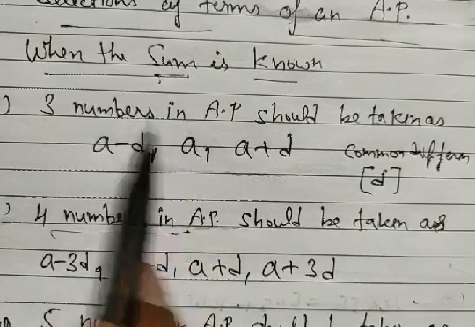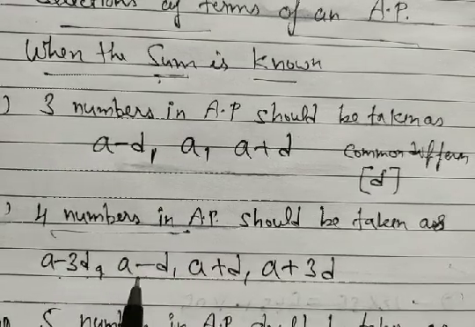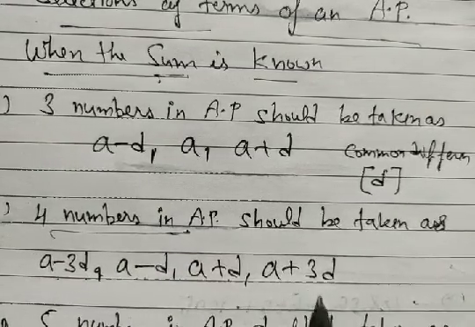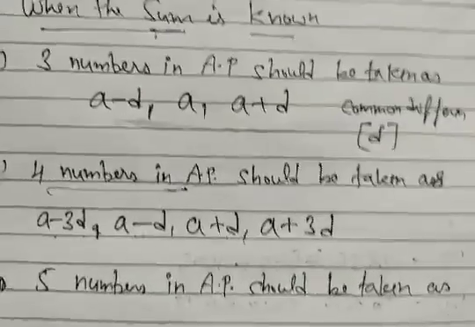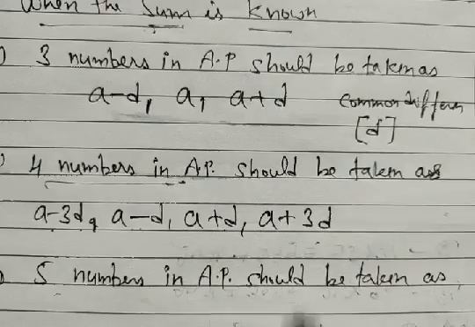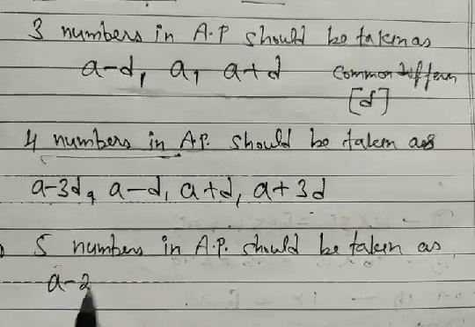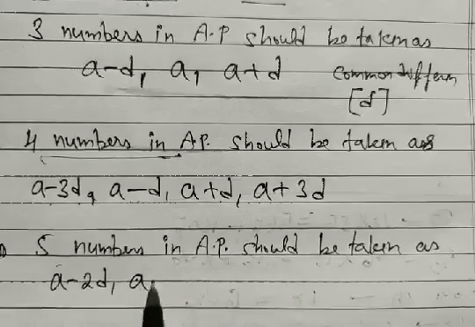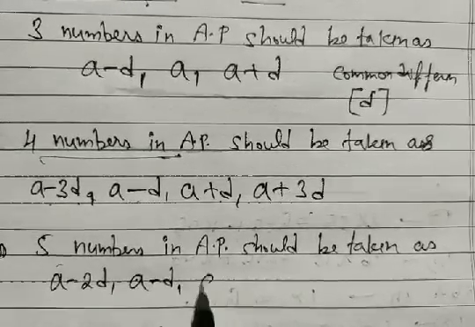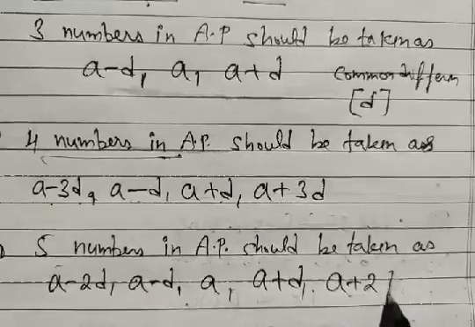Whenever the sum of four numbers is given, we take a minus 3d, a minus d, a plus d and a plus 3d. When the sum of five numbers in AP is given, the numbers will be a minus 2d, a minus d, a, a plus d and a plus 2d.